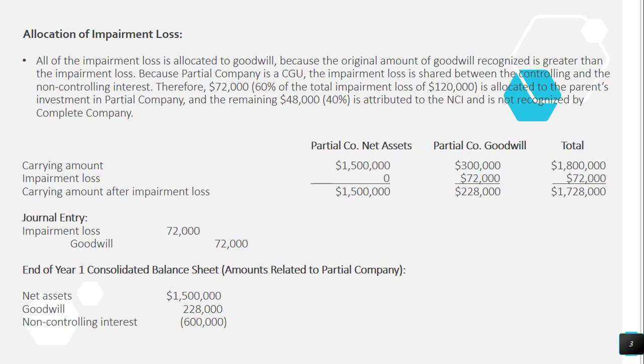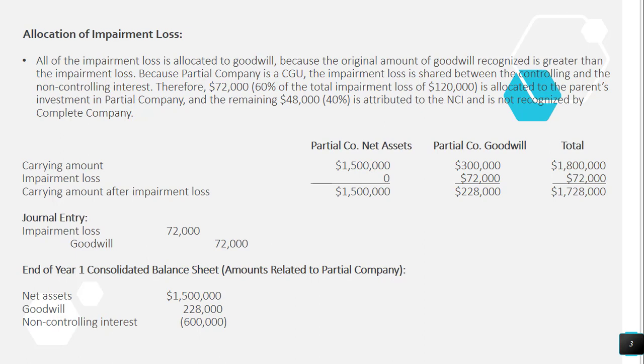We next have to determine how to allocate the impairment loss. In this case, all of the impairment loss will be allocated to goodwill because the original amount of the goodwill recognized is greater than the impairment loss. Because Partial Company is a cash-generating unit, the impairment loss will be shared between the controlling and non-controlling interest. As a result, $72,000 of the impairment loss will be allocated to the parent's investment in Partial Company.